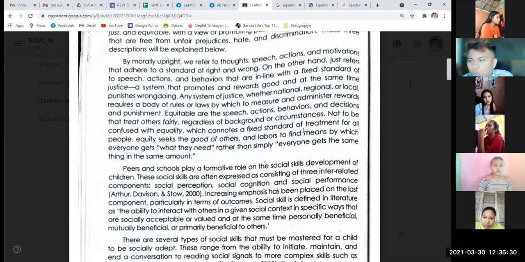Sir, why is it very important for us to understand the idea of social skills, or social literacy? Sir, for us to have a transparent transition and integration between the people we encounter every day.